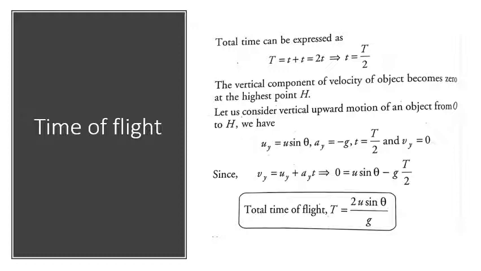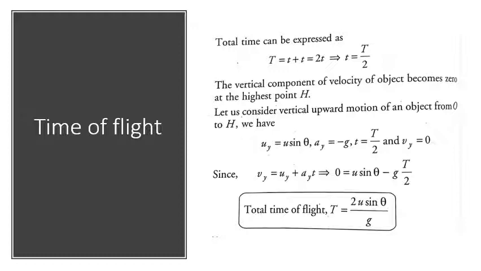So it is denoted by capital T. So total time of flight consists of two parts. So the first part is the time taken by an object to go from point O to H. So H is the maximum point of the projectile.